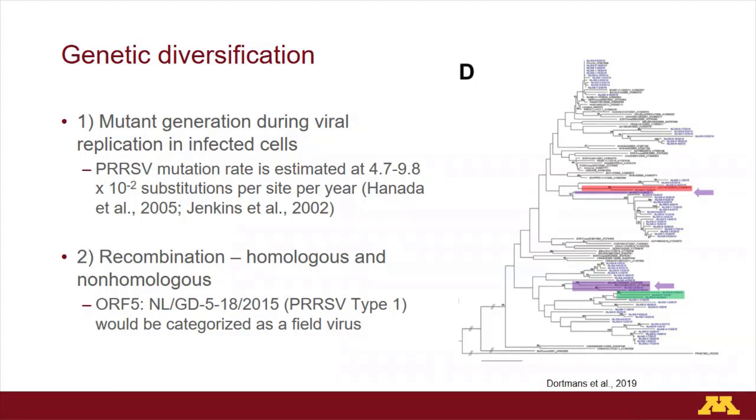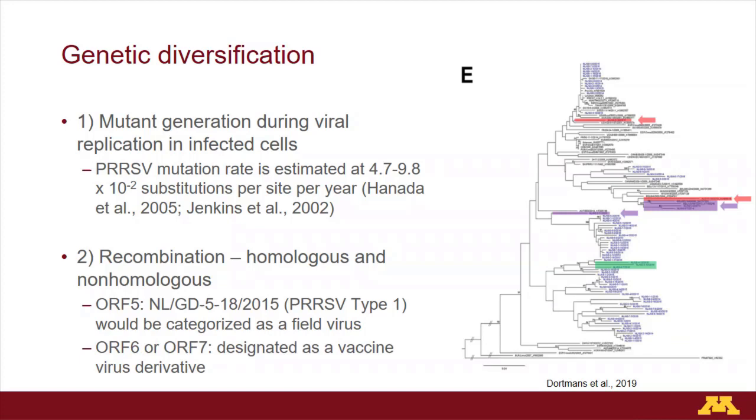This is a specific isolate of PRRS type 1 from Europe. If we look only at R5, we could categorize this virus as a field virus or a wild-type virus. However, if we look at R6 or R7, we would classify this virus as a vaccine-like virus.